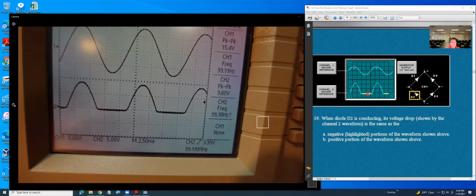That's a DC. So A or B? So you mean like A? A, correct. That will be minus 0.6. That means minus 0.6 volt.